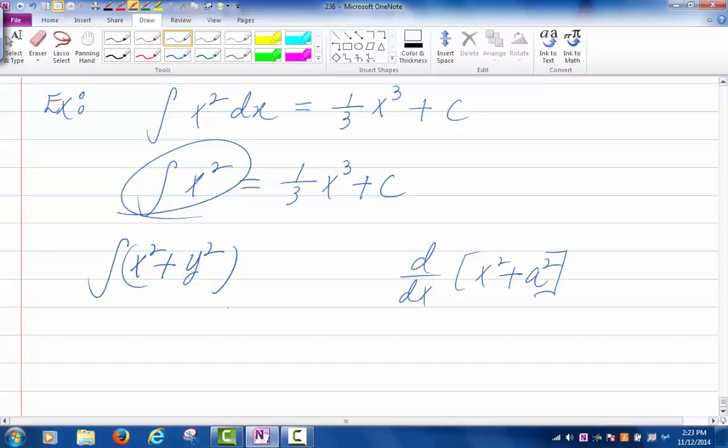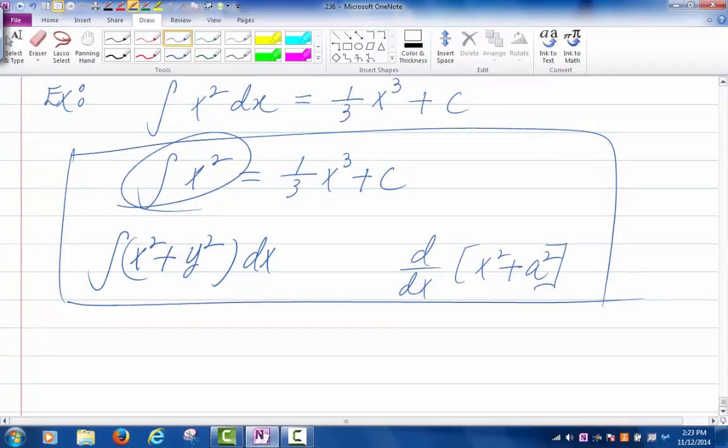Am I taking the integral with respect to x or with respect to y? Which one is the constant and which one is the variable? If I write dx, that makes it clear. Everybody's okay with that? Okay, so that's just a comment here.